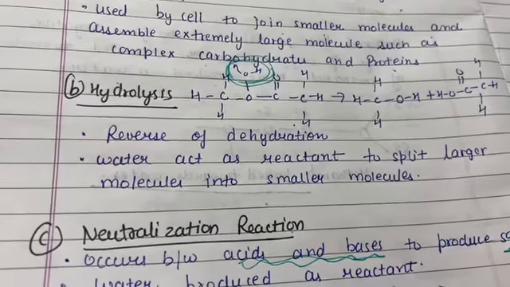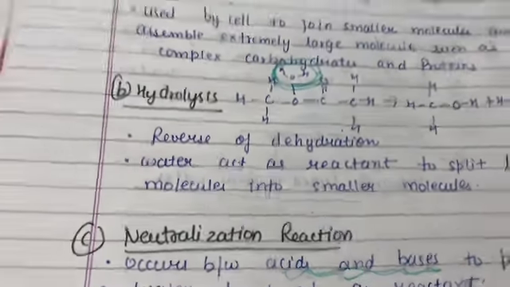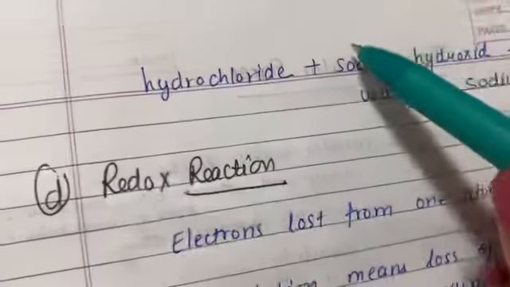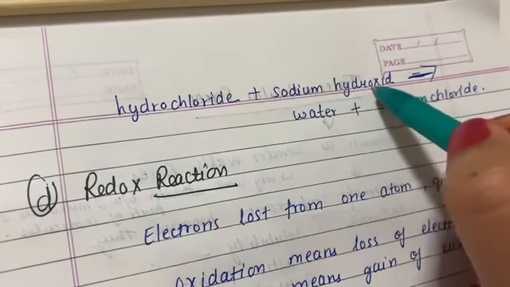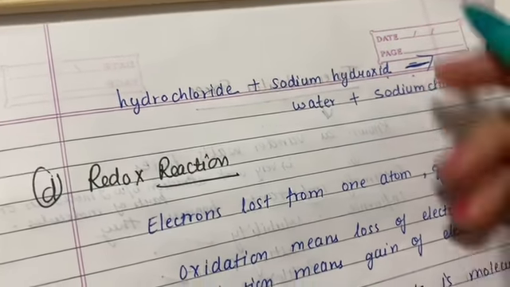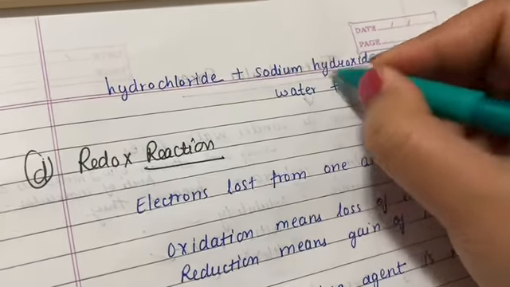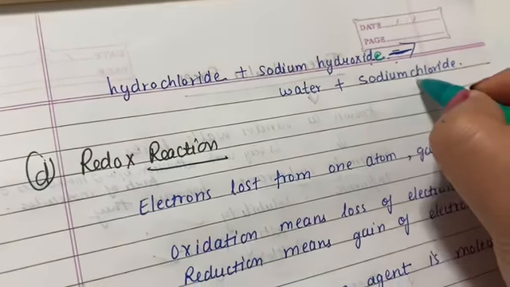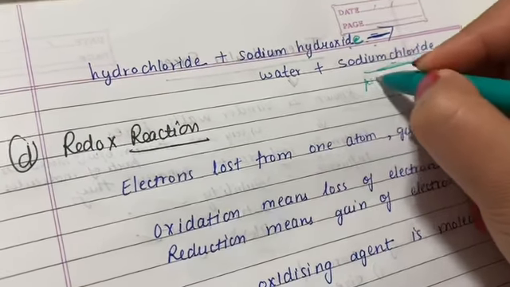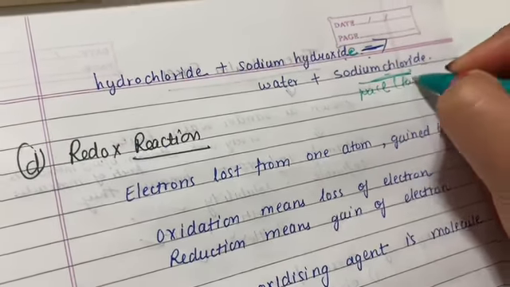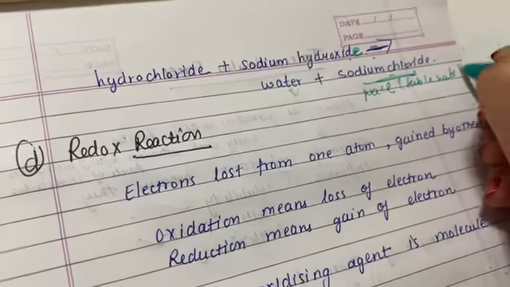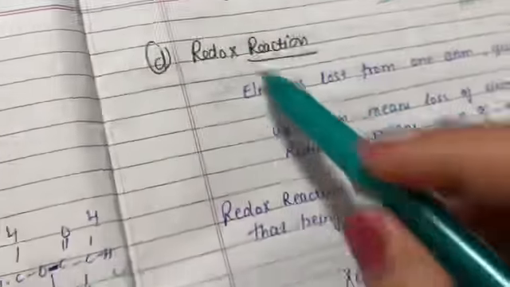Water is produced as a product. Here is an example. Hydrochloric acid plus sodium hydroxide react. The product is sodium chloride, which is table salt, and water.